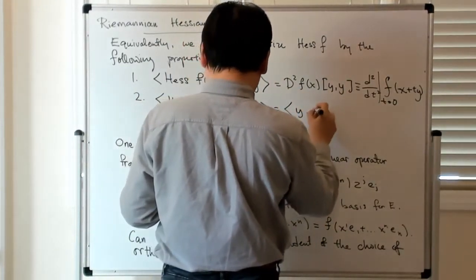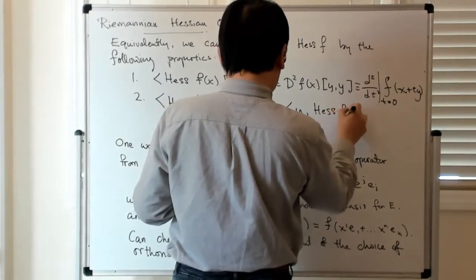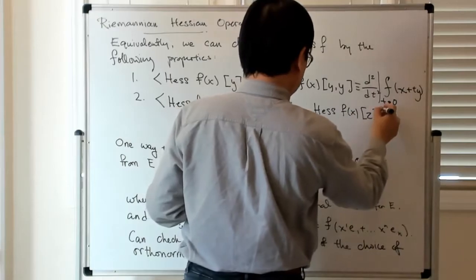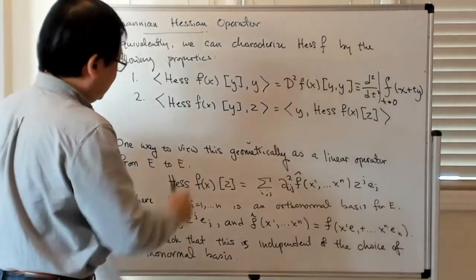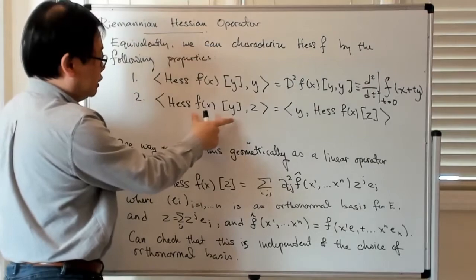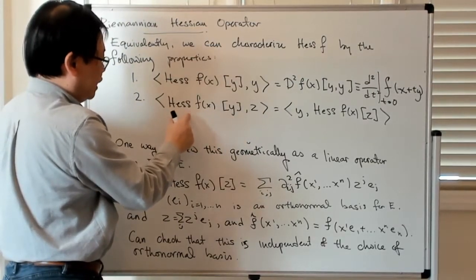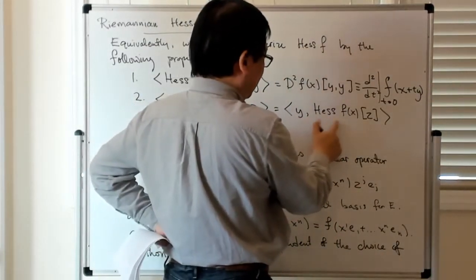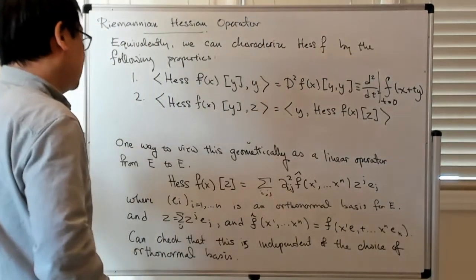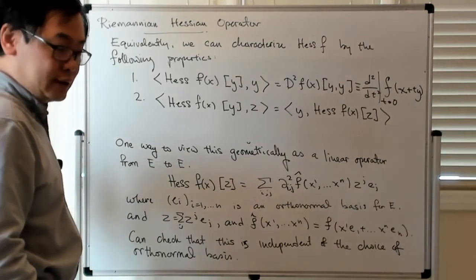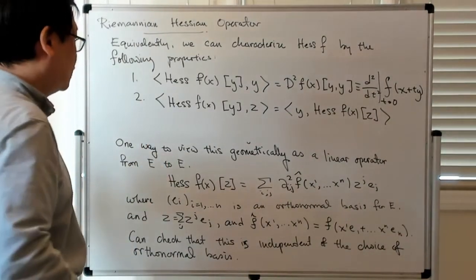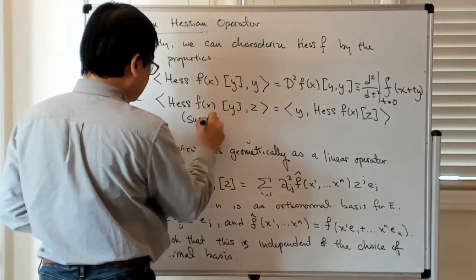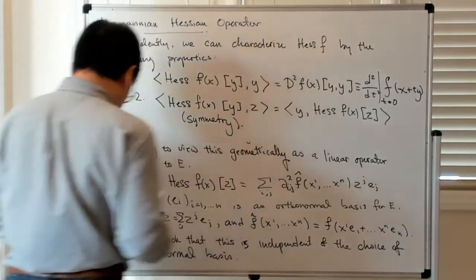This is y paired with the Hessian of f of x acting on z. So if you think of this as a matrix, this is saying something like A times y paired with z is y paired with A acting on z. That's of course the usual notion of symmetry, a symmetric matrix. So this is symmetry.